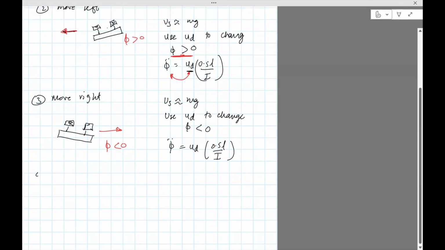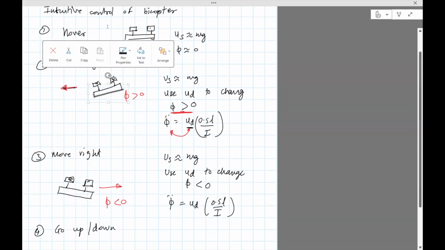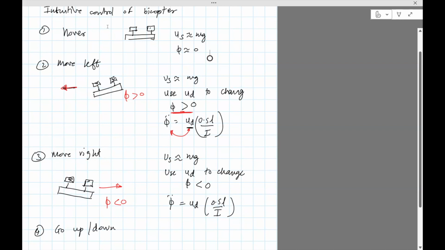Okay, if you want to go up or down, what will you do? Well, hovering is just us equals mg. So if you put a thrust force slightly greater than mg, you'll start going up. If you put a thrust force slightly less than mg, you'll go down.